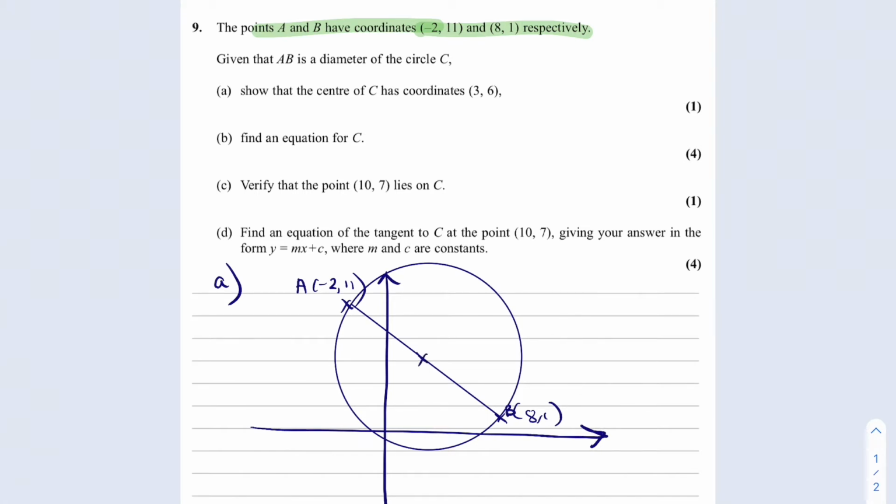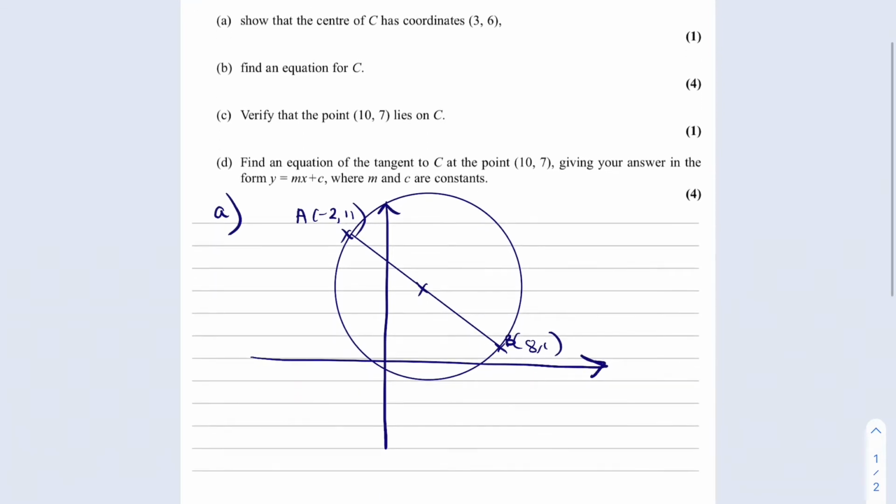Alrighty, so the midpoint, that's the centre of the circle. So you can use the formula. I'm just going to find what is halfway between -2 and 8. The distance between -2 and 8 is 10. So these are 5. So if I just add 5 to -2, I get 3, and same for the y direction.